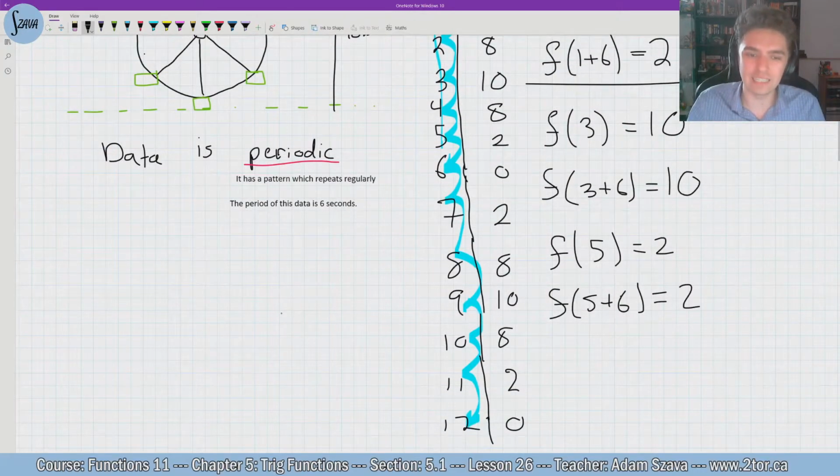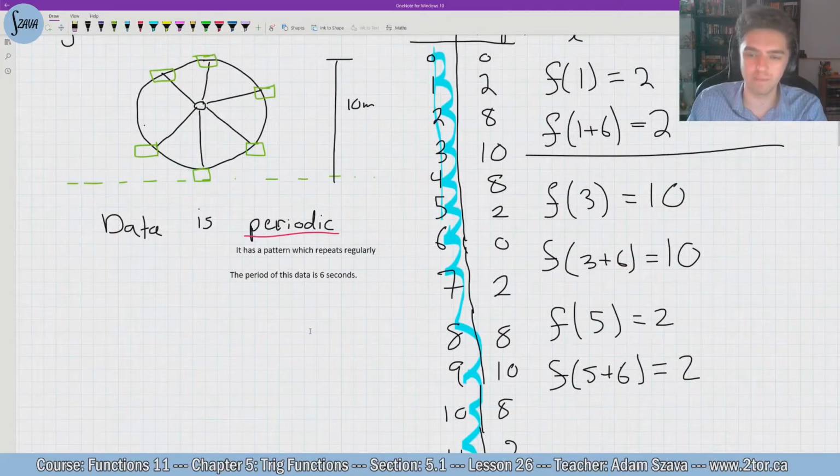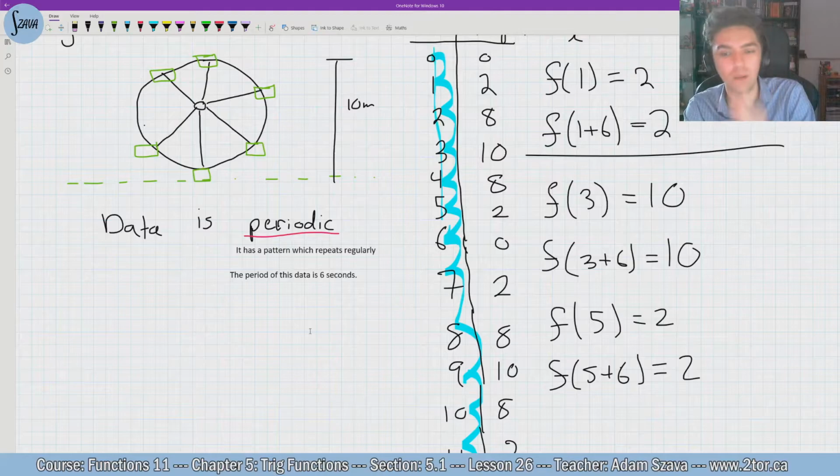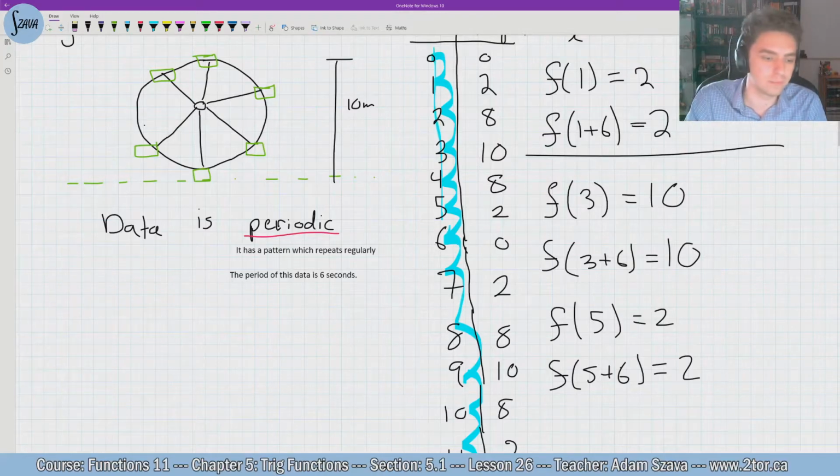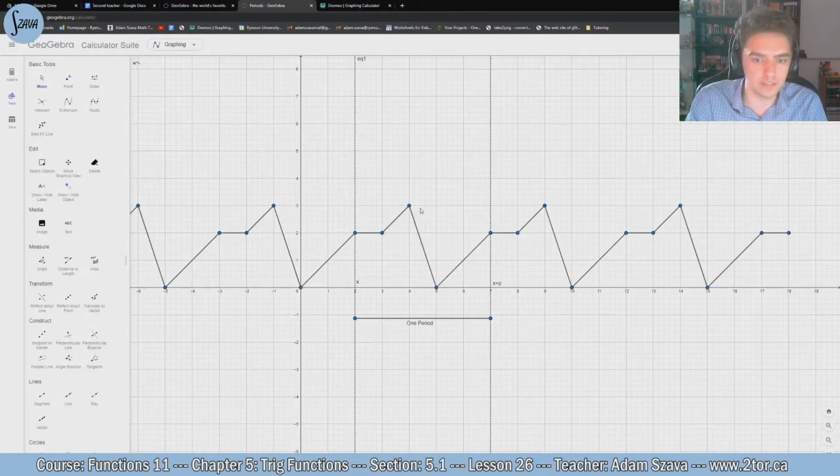So the point is a periodic function is a function that you can shift the input over by one period and you'll get the same answer. Let's take a look at a little visualization of this. That's one period there. Doesn't matter where I start the period or end the period. It's one period because it starts at that point and it ends at that point in the shape. Here's our periodic function.